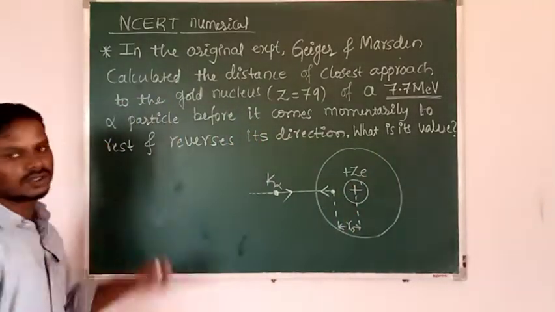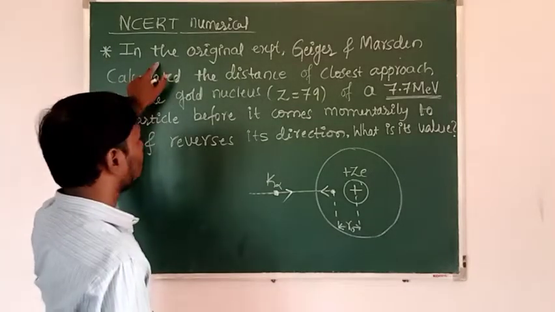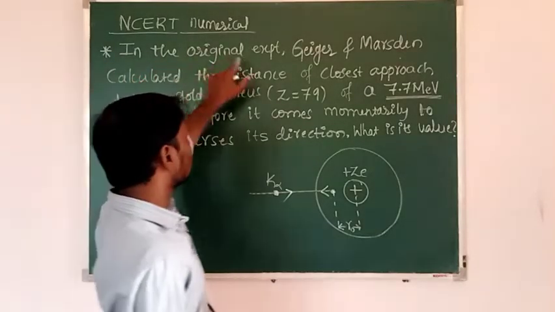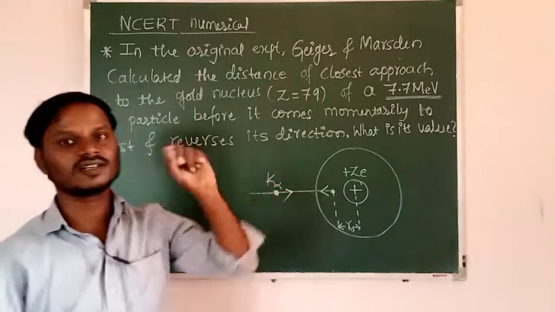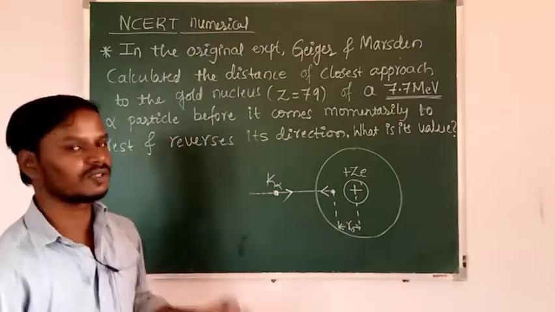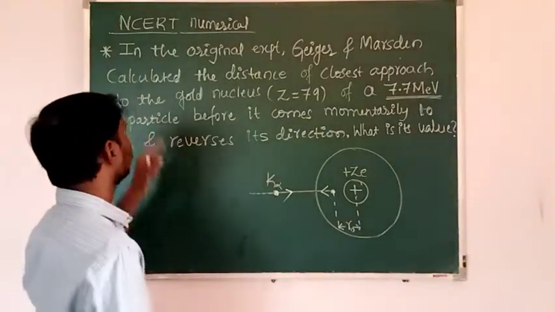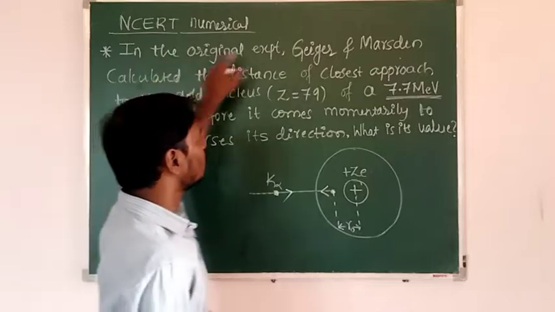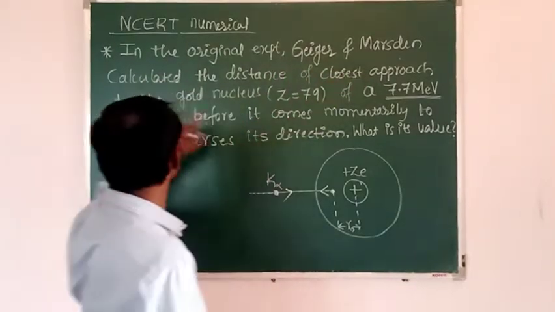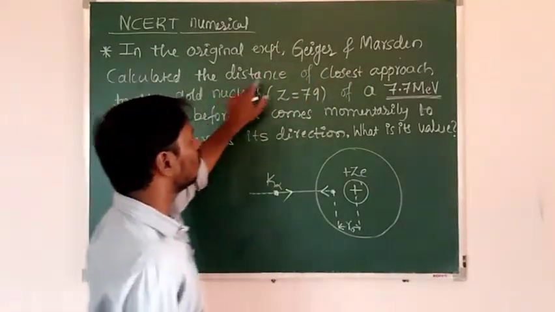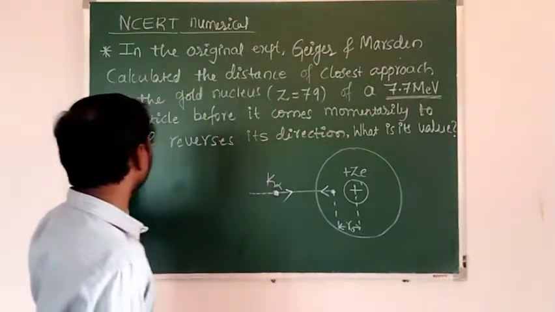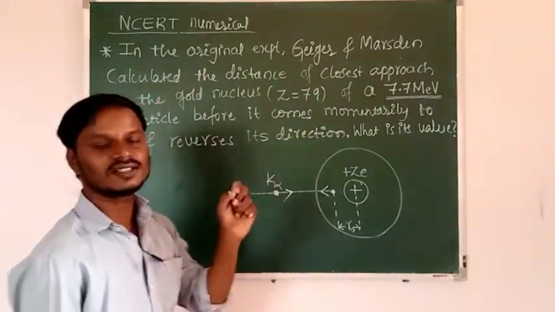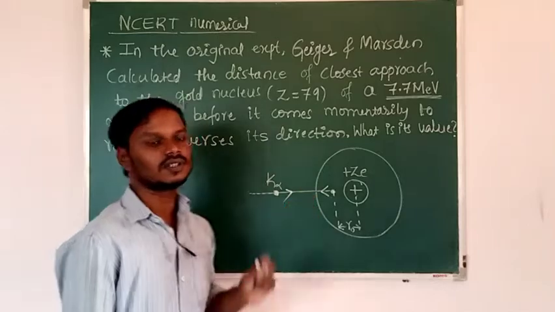But what is the question now? In the original experiment, the Geiger and Marsden experiment, or otherwise the Rutherford alpha scattering experiment, Geiger and Marsden calculated the distance of closest approach to the gold nucleus. For which nucleus did they calculate the distance of closest approach?